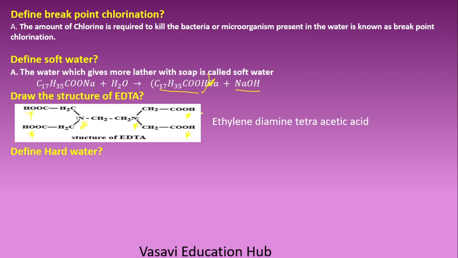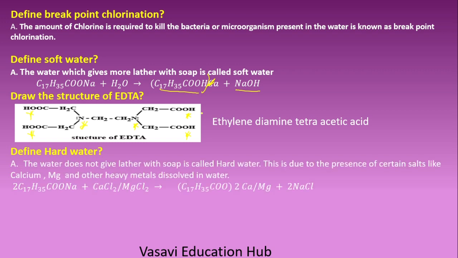Define hard water. What is meant by hard water? The water which does not produce lather with soap is called hard water. Clear? Why is it not producing lather? This is due to the presence of salts of calcium, magnesium and other heavy metals dissolved in water.